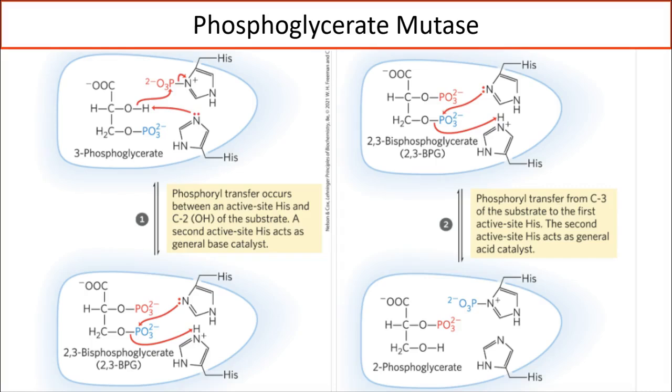And so what happens within this enzyme, it has histidine that is activated by having a phosphate group attached to it, and thus it gives away that phosphate group, and another histidine amino acid residue actually does a nucleophilic attack and takes up one of the protons from the 2nd carbon, and it gets replaced by that phosphate group.